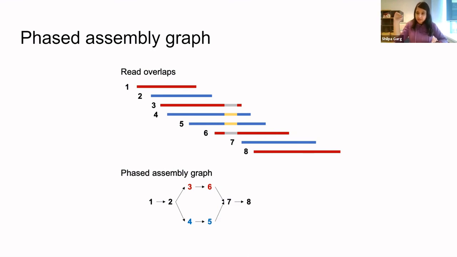But on these phased assembly graphs, because we align all reads to all, there is an all versus all alignment, so there is a quadratic runtime. But by using some sort of greedy heuristics and also using domain knowledge, I think I have made them work in practice. Okay, thank you.